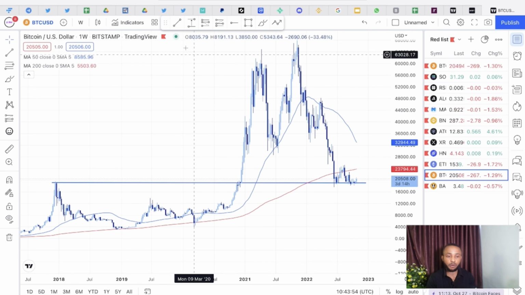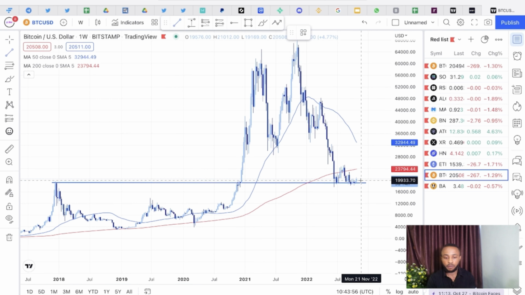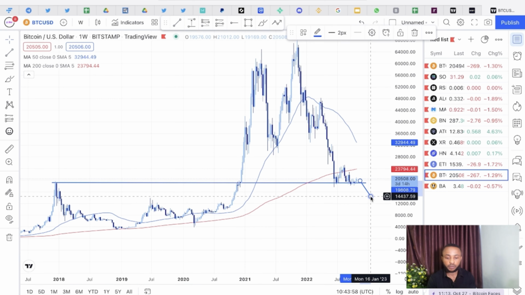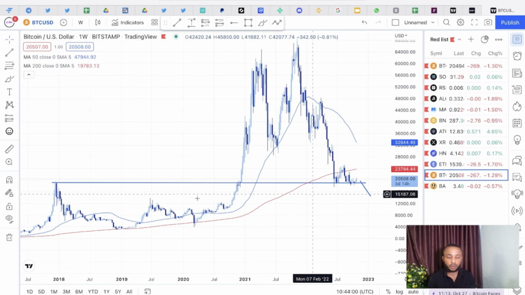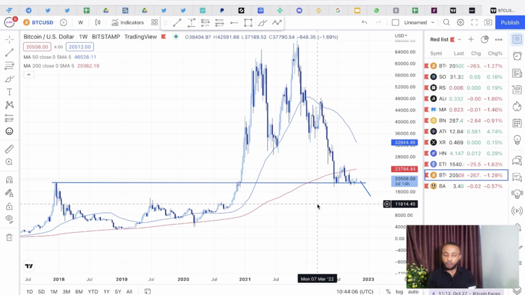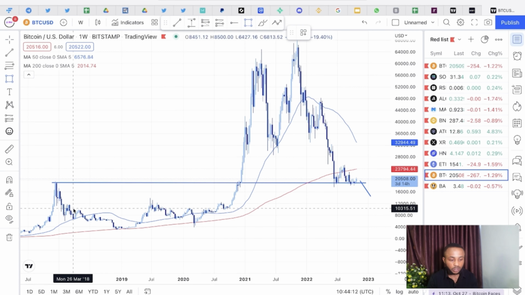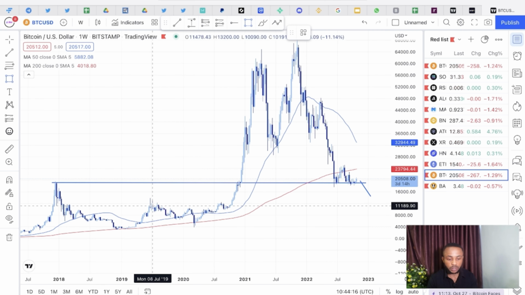Let's say we break down below here. There's a probability of us breaking to the downside. Once we break down, what is our next support area? Our next support area will be around this zone here. As you can see, this is a support area, and this is another support area, and this is another.